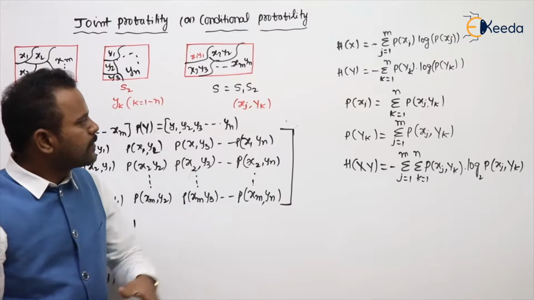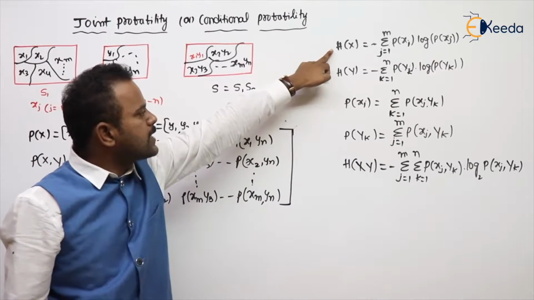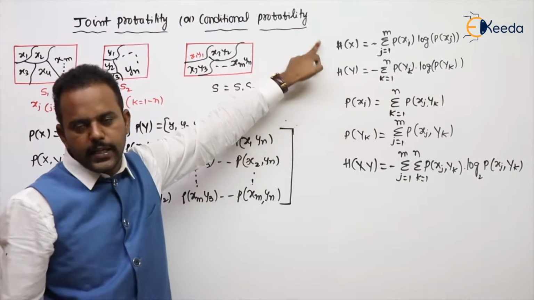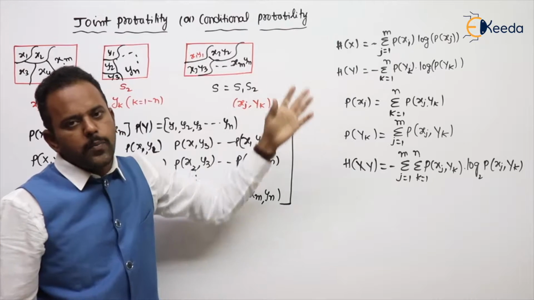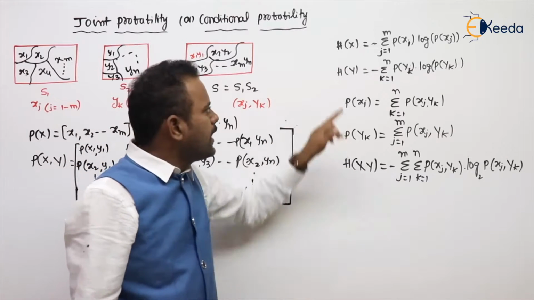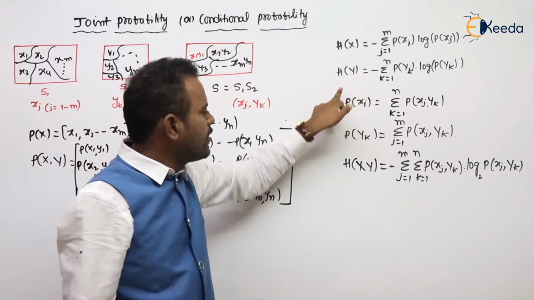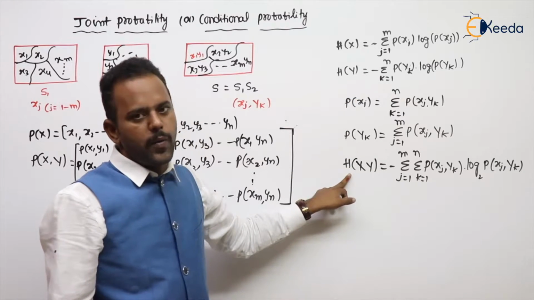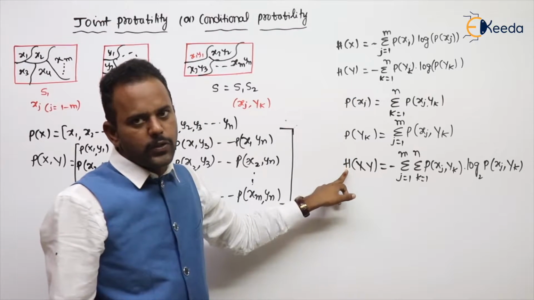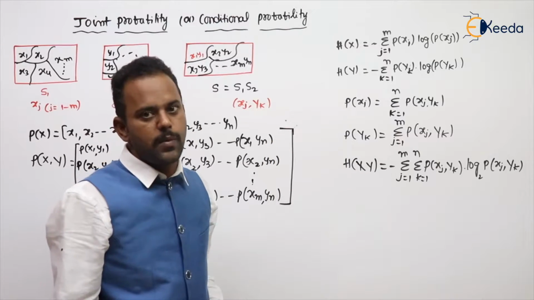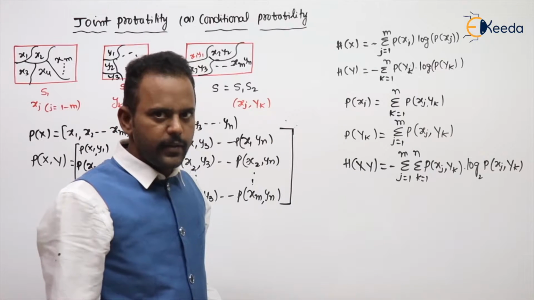So you can also call H of x and H of y the marginal entropies of the system at transmitter and at receiver. This is the joint entropy, or the average information of the whole communication system also you can feel. Clear?